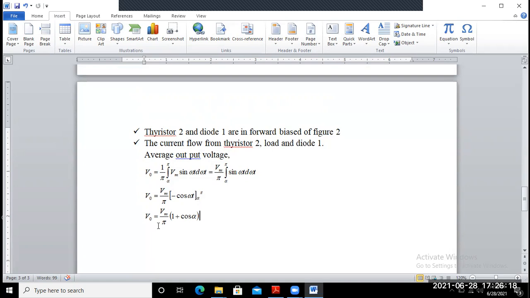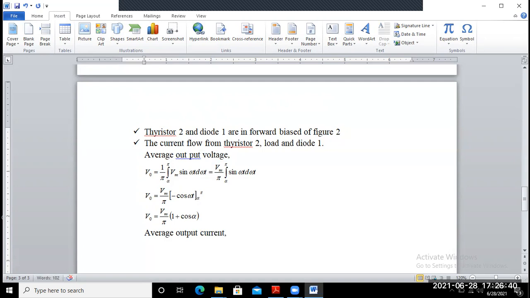So next, what is the average output current? So average output current is E0 by R. So just find out the average output current.